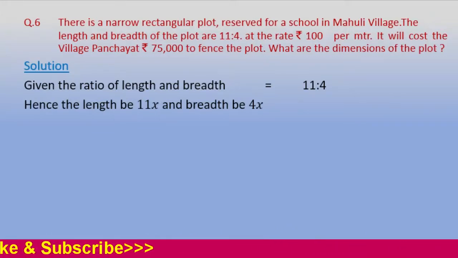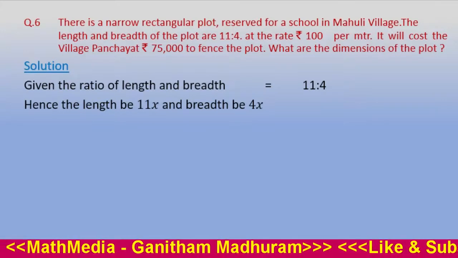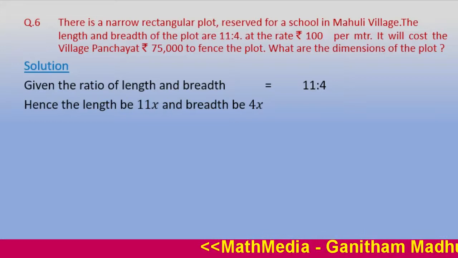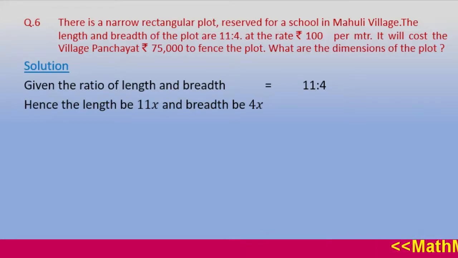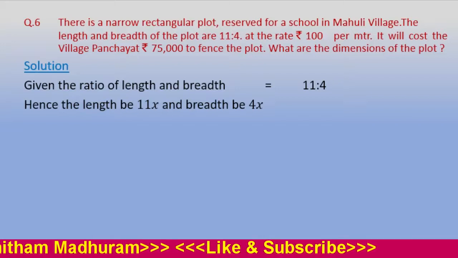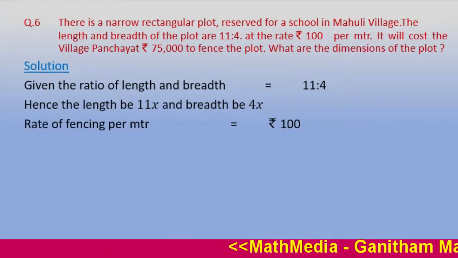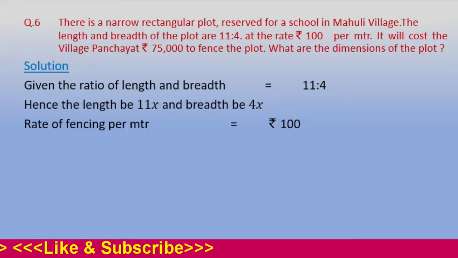Here we don't know the length and breadth, so we have to give the variable for length and breadth. So we get 11x and 4x as the dimensions. Also it is given the rate of fencing per meter is rupees 100.